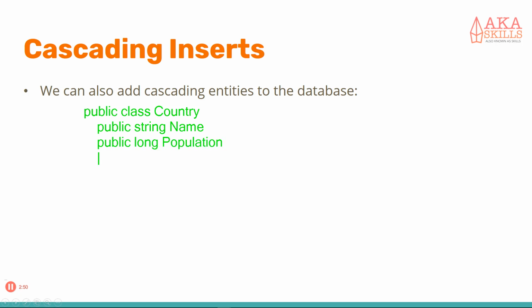And after that, each country has, let's say, different cities. So you're saying public ICollection of City with name Cities. And of course here we got get; set; for all the properties. So that's our C# class, C# model.